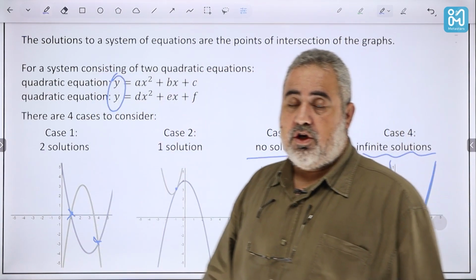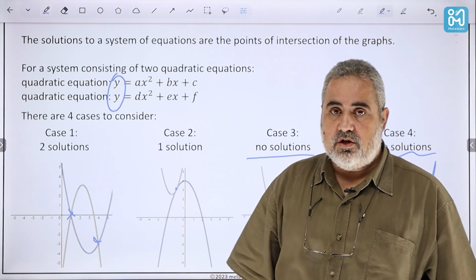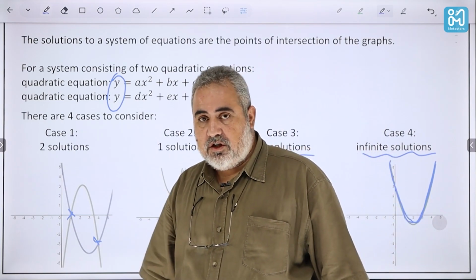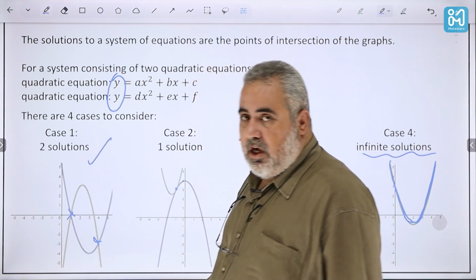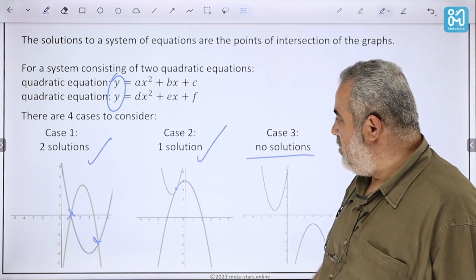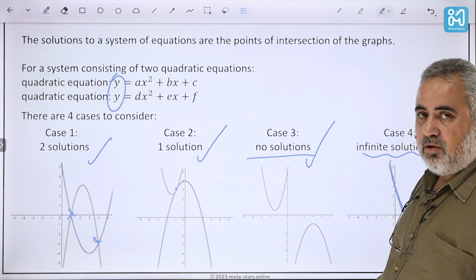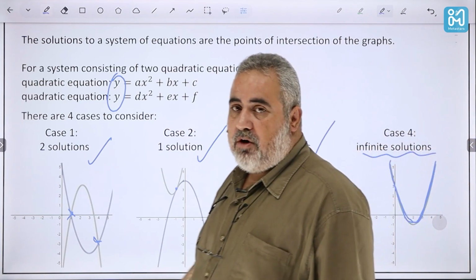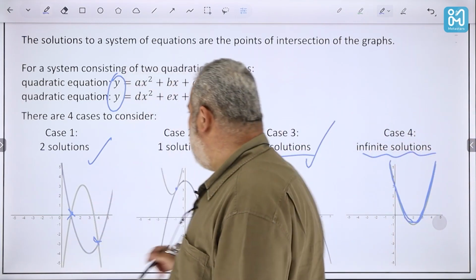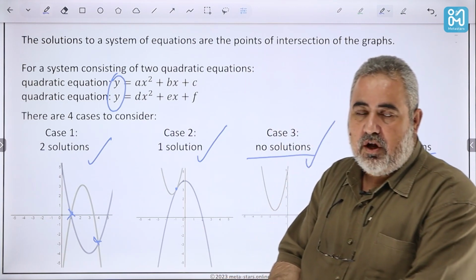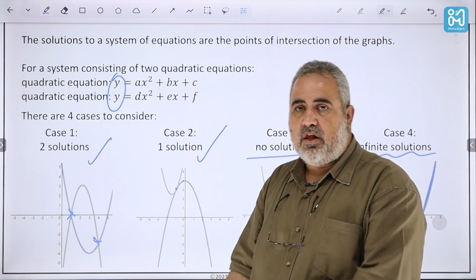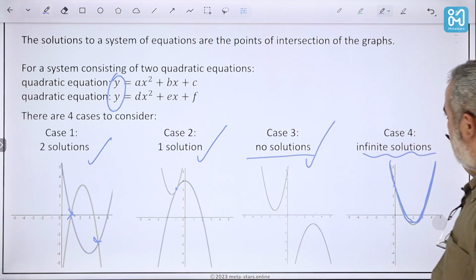And if you check the discriminant of this equation, if it's positive, then we have two solutions. If it's zero, then we have one solution. If it's negative, we have no solution. If you combine these two equations and you have 0 equals 0, or whatever equals two numbers the same, then they will be overlapping.